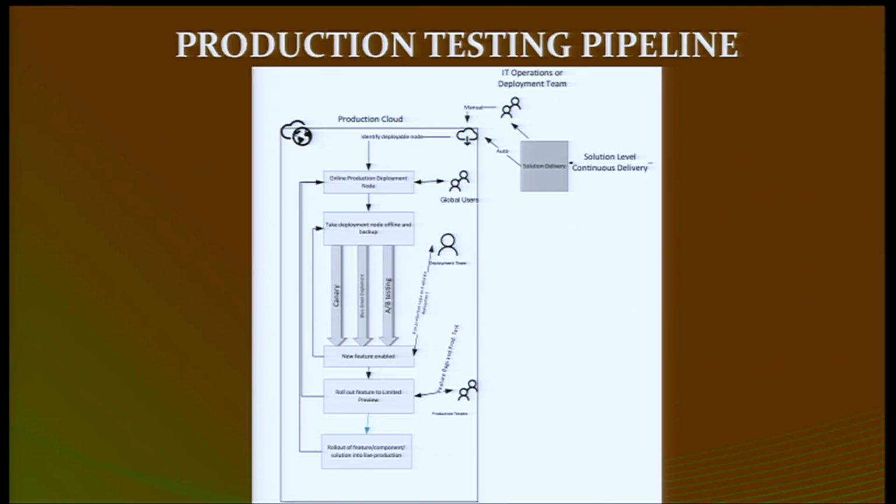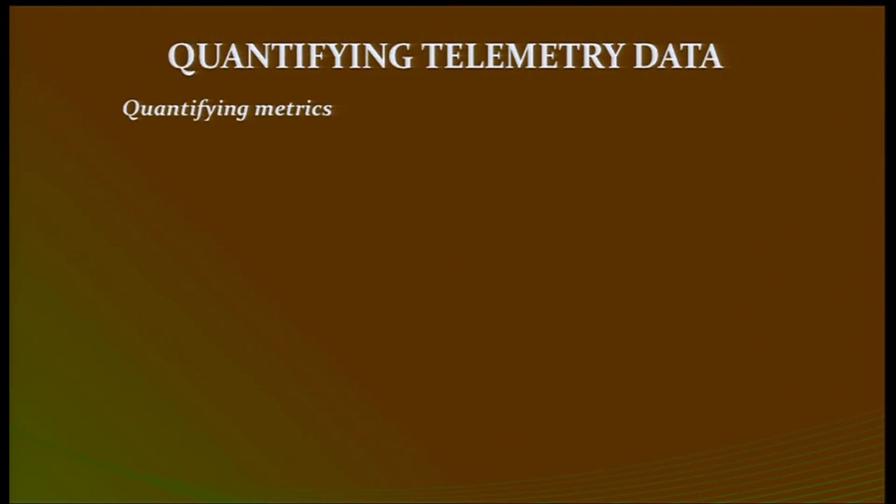They have access to the production environment through your solution, and they are actually gauging how well the feature is working or not. After they have given the approval, it can be rolled out for a global release over here. So that's pretty much about the production testing pipeline.